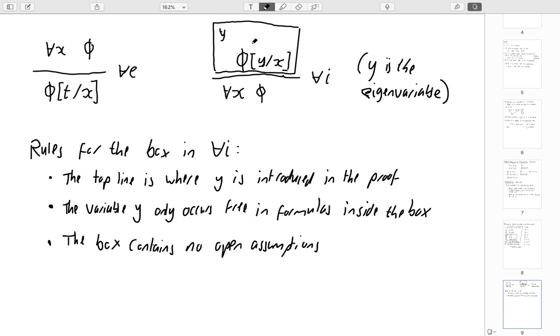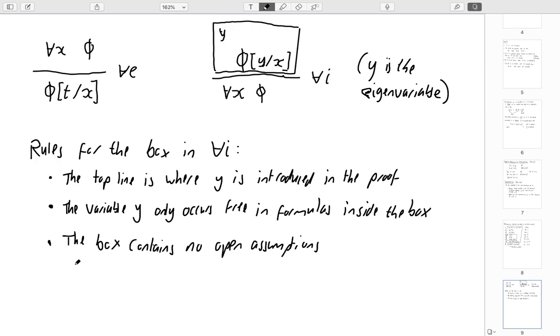While we're doing the proof, going through the box, we can introduce an assumption, but before we finish the box, we have to close the assumption. So we have to use a rule like implies introduction or negation introduction that closes or discharges the assumption, as I was also saying in the lecture on natural deduction for propositional logic.